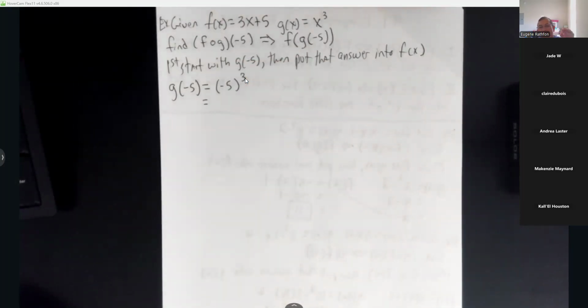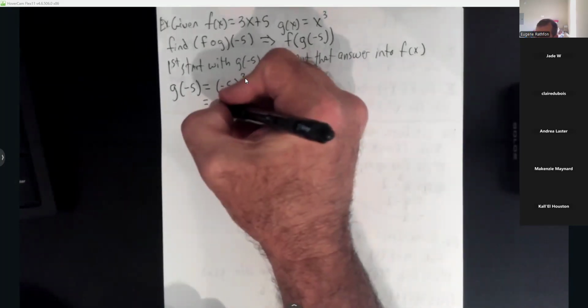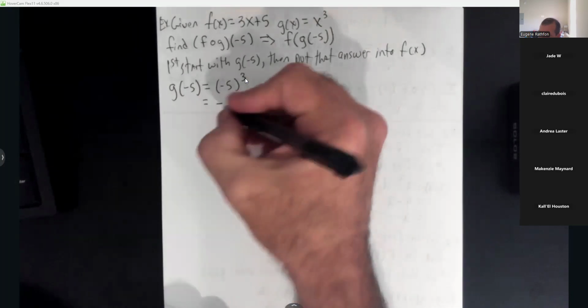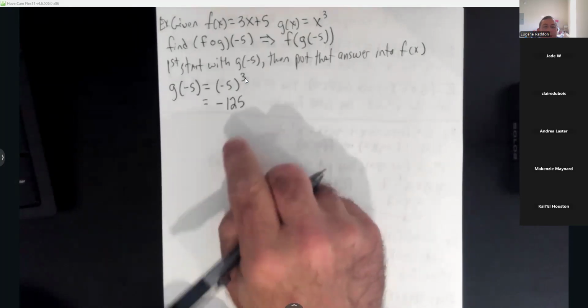Negative 5 to the third power. All right, so negative 5 times negative 5 times negative 5. Three negatives, we'll keep that negative. And then the 5 times 5 times 5 is 125. So negative 5 to the third power gives me a negative 125.